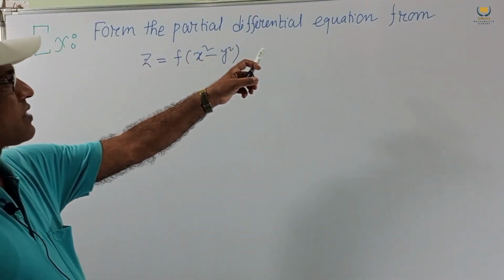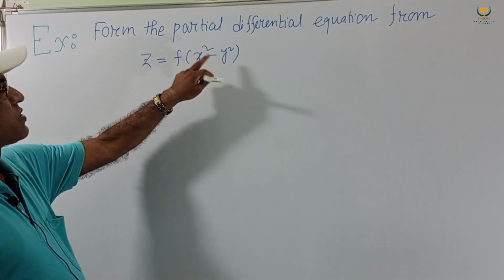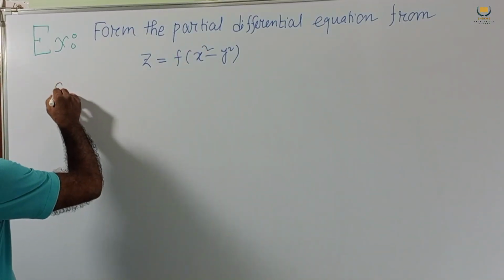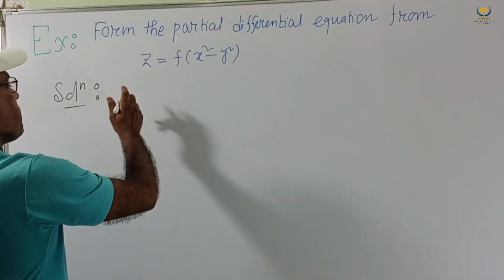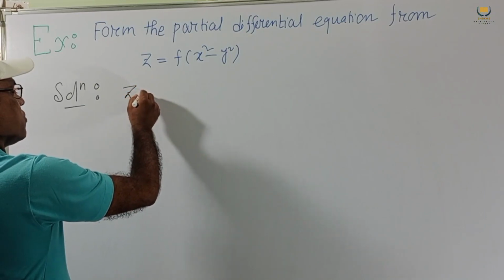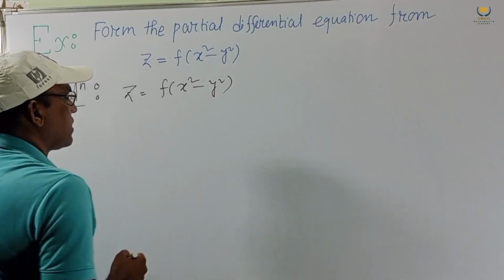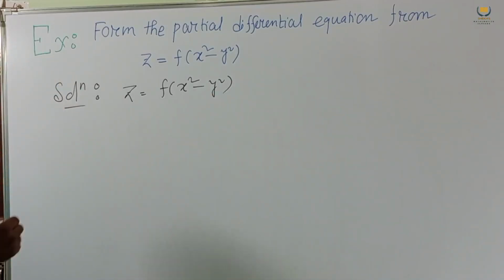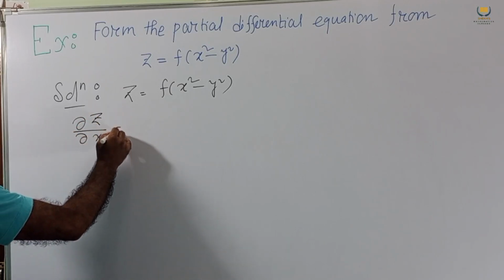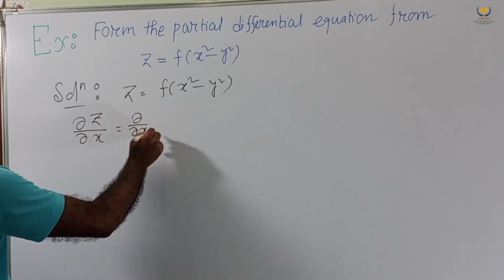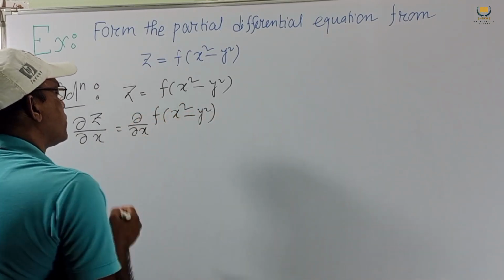Form the partial differential equation from z equal to f of x square minus y square. This problem is given. Anyhow, we have to remove f. Here z equals f of x square minus y square. This is our z. We differentiate partially both sides with respect to x: del by del x of f of x square minus y square.